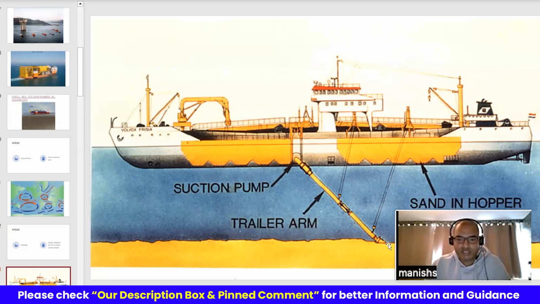This vacuum cleaner will suck the mud from the seabed, and that mud, with the help of huge pumps, is filled in the big tanks on this vessel. This vessel will discharge the mud somewhere else and throw out the water. It will come back again here to suck the mud. This is one of the dredger concepts. There are many different concepts.